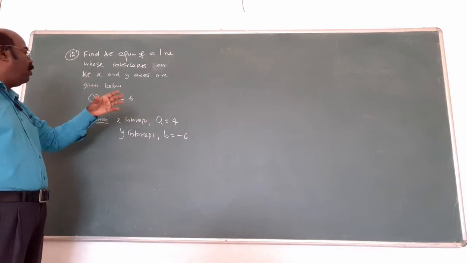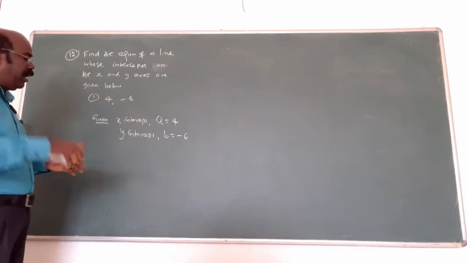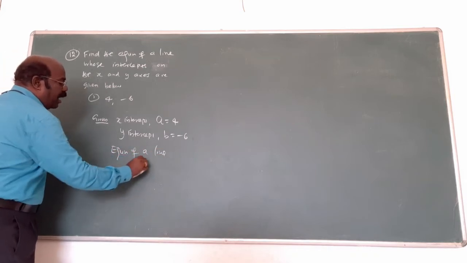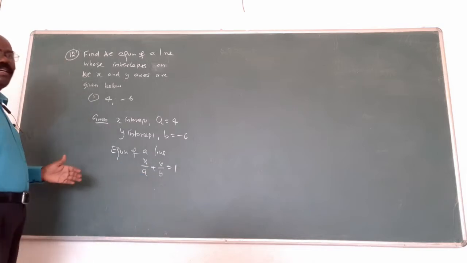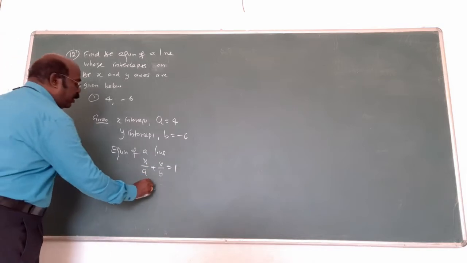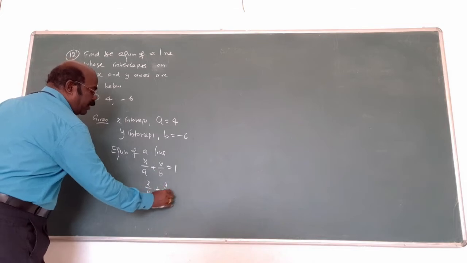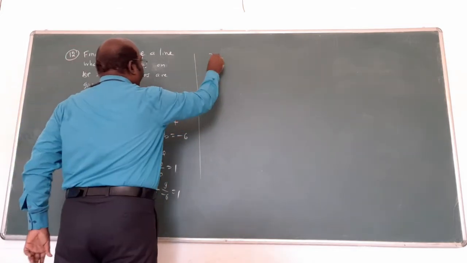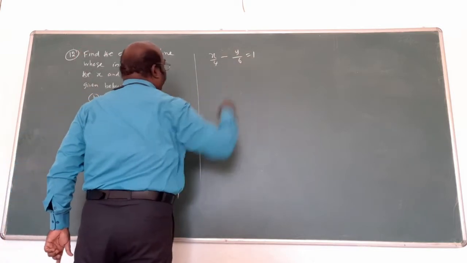What is given now? The x intercept, that is a, is 4, and the y intercept b equals -6. That's a equals 4, b equals -6. Now, the equation of a line with x intercept and y intercept given is x by a plus y by b equals 1. That is the formula. Substitute here: x by 4 plus y by minus 6 is equal to 1. Now here x by 4 minus y by 6 is equal to 1.